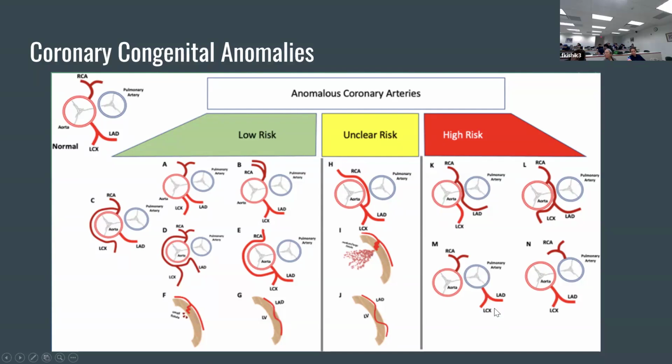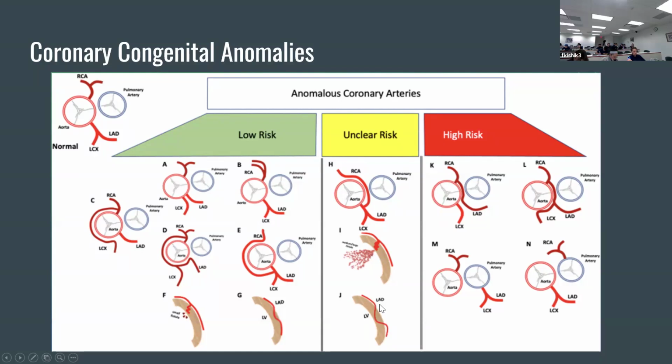If any of them come off the pulmonary artery, that needs to be corrected. Or if the left arises from the right side, it can be compressed between the pulmonary artery and aorta during vigorous exercise. And then down here is something called myocardial bridging.